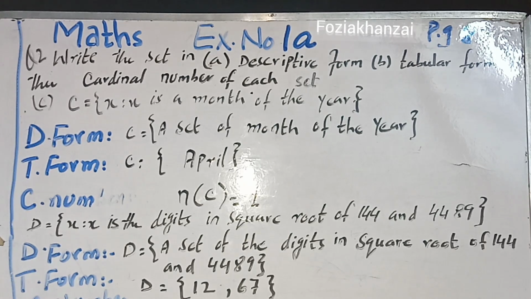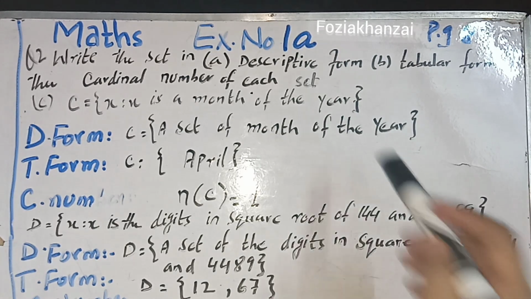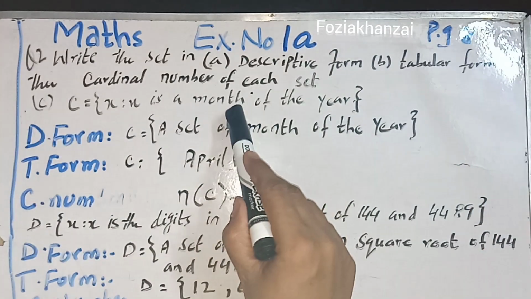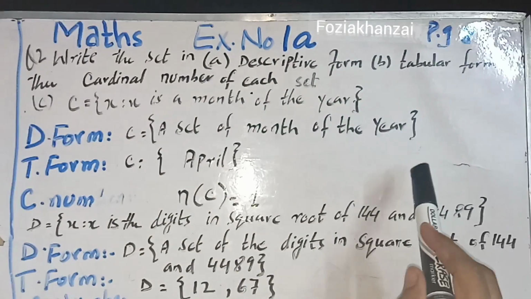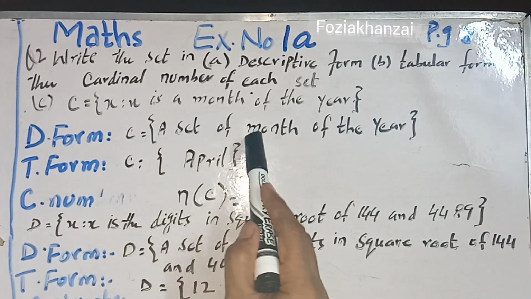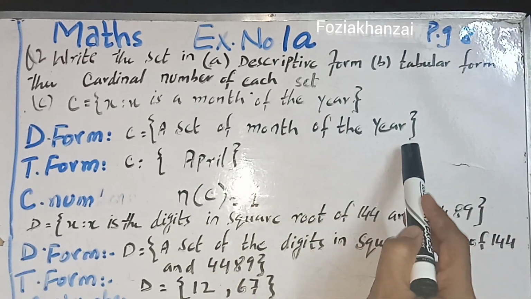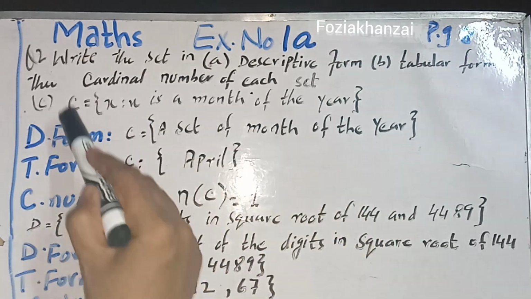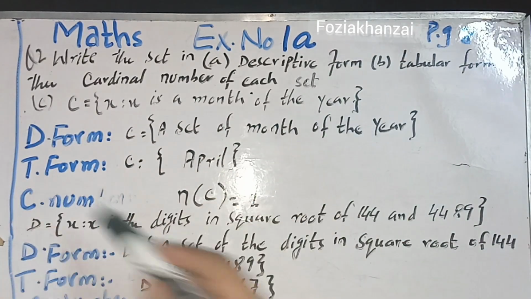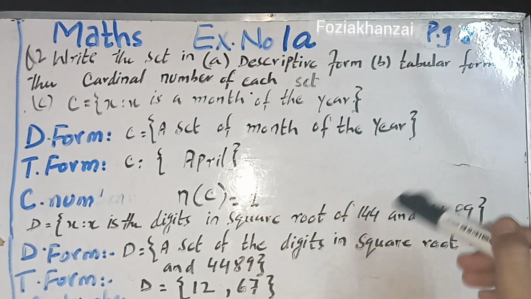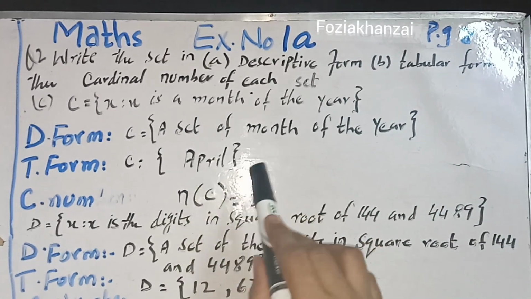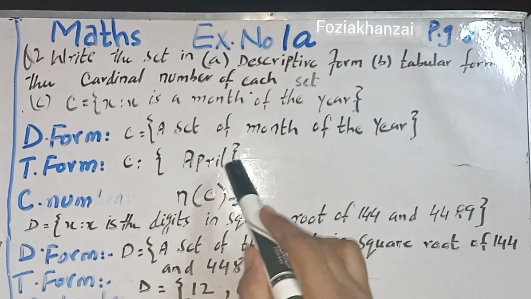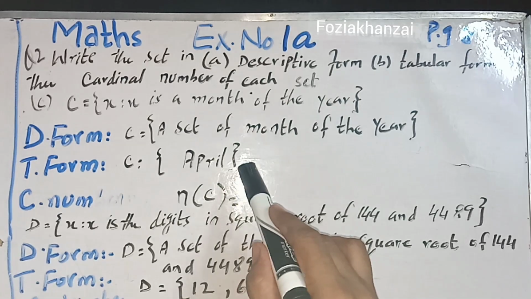Now start part C. X such that x is a month of the year. Over here we have month, it means only 1 month, not months. In descriptive form: a set of a month of the year. Same as set builder form, write in spelling or in descriptive form. In tabular form, write any one month name.